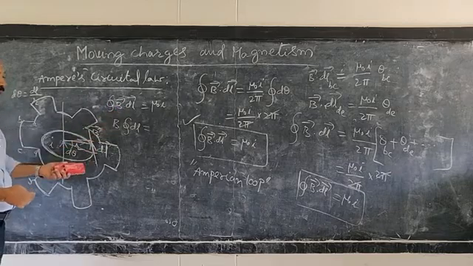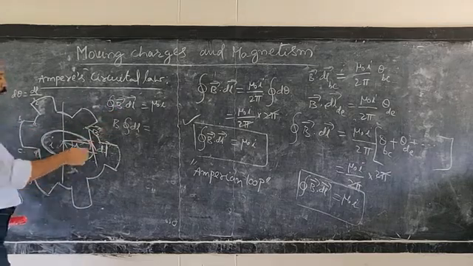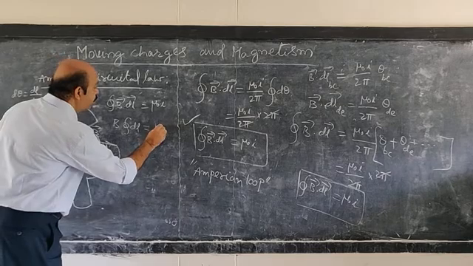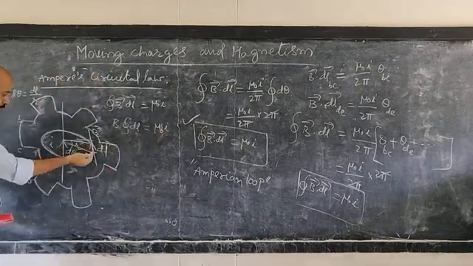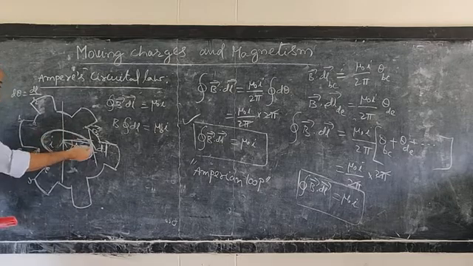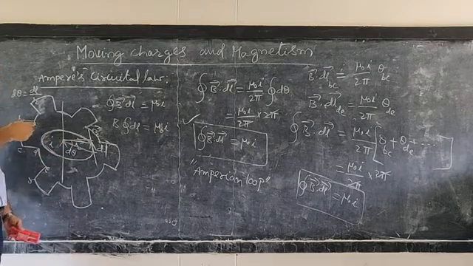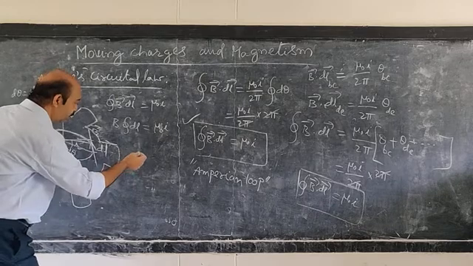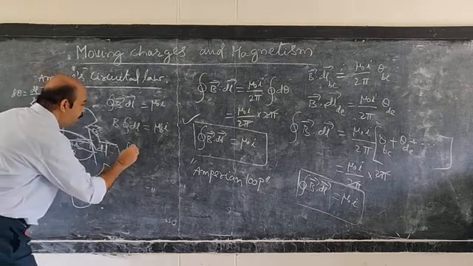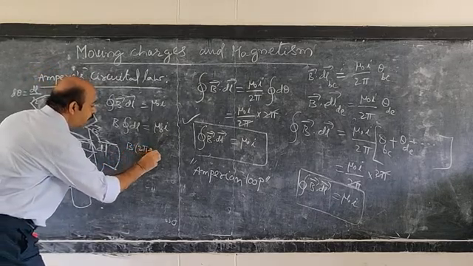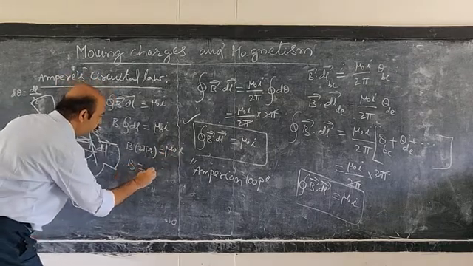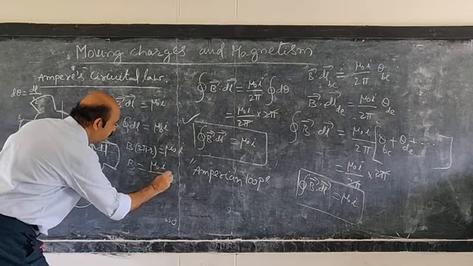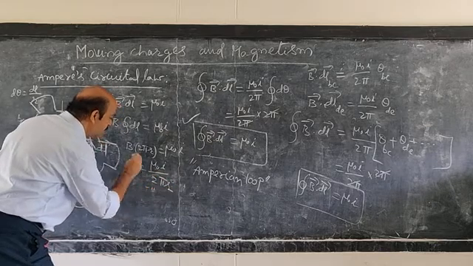Hence the dot product will become B dl, simply B dl. So B dl integral is equal to mu naught I. And what is the summation of all the elemental lengths over that circular path? It is the circumference of the circle or the loop. So B into 2 pi r is equal to mu naught I. Therefore, B is equal to mu naught I by 2 pi r.